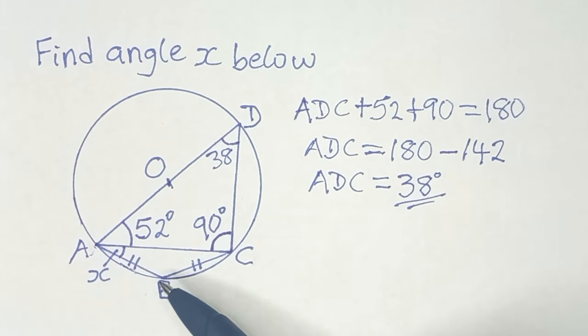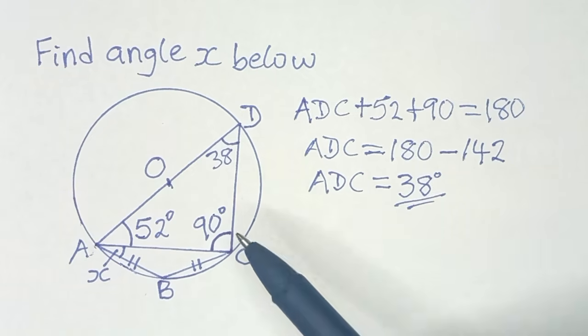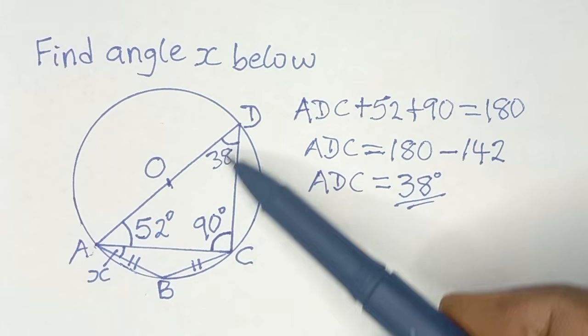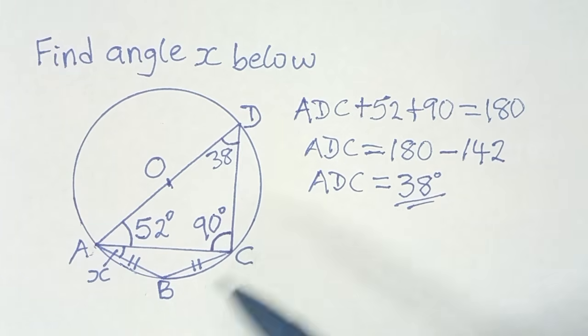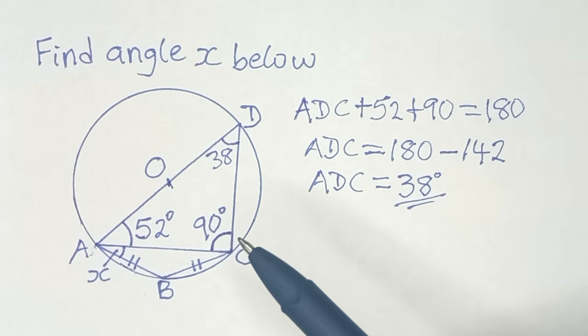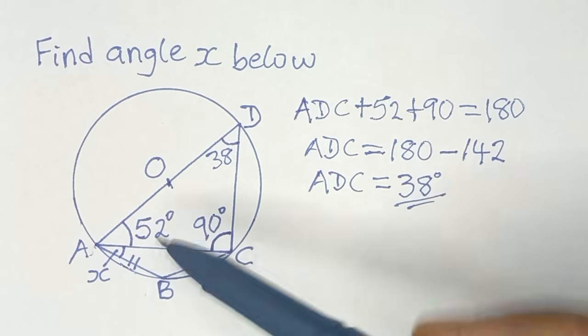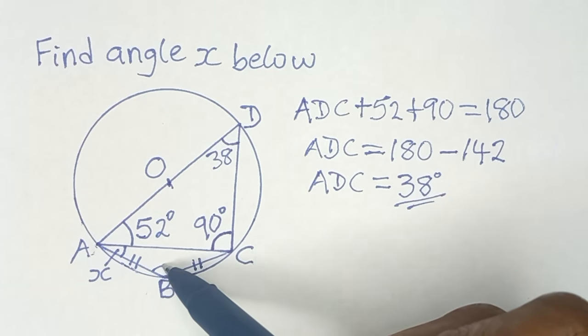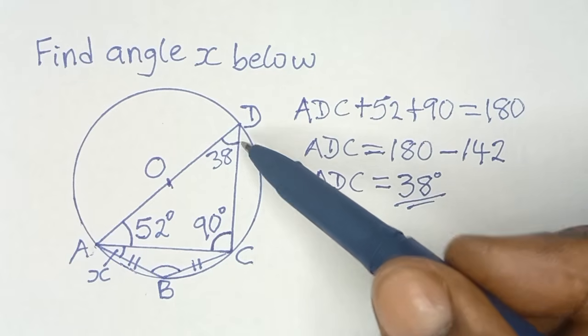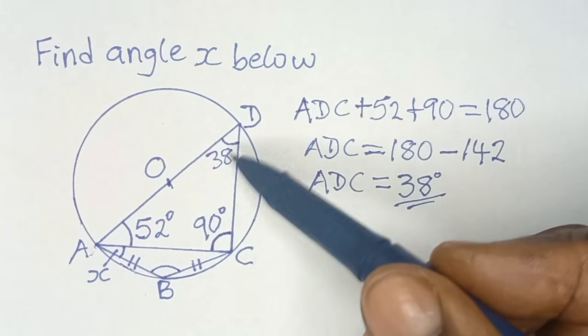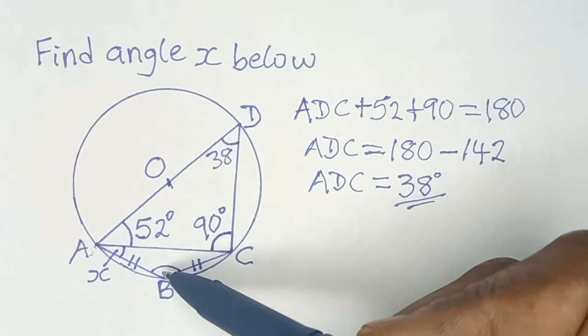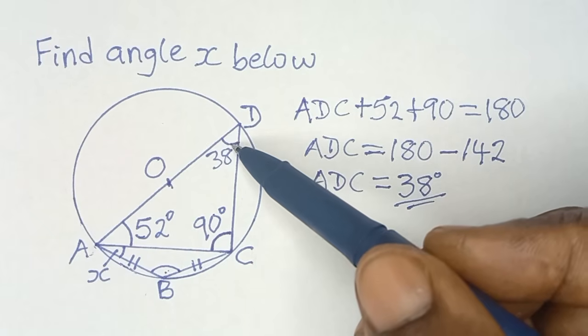And then don't forget that the opposite angles of a cyclic quadrilateral are supplementary, meaning that the opposite angles add up to 180 degrees. So the sum of this angle, which is B here, and this 38 is 180, because opposite angles are supplementary. So this plus this is 180.